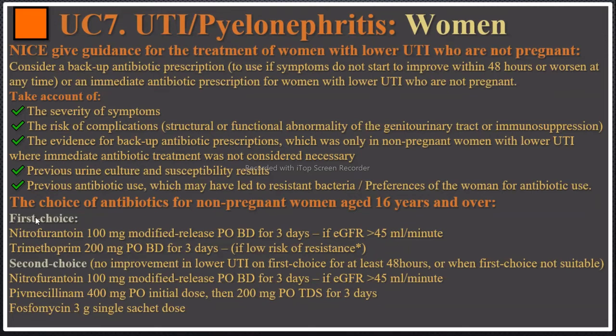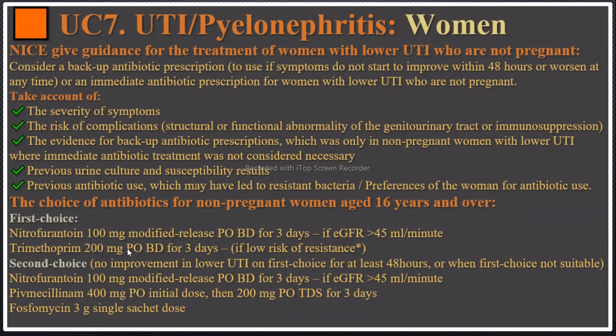The first choice will be nitrofurantoin or trimethoprim. Second choice, it will be nitrofurantoin, also pivmecillinam, fosfomycin. So here, regarding first choice, nitrofurantoin, 100 milligram modified release twice daily for 3 days, if they mention in the scenario eGFR more than 45.